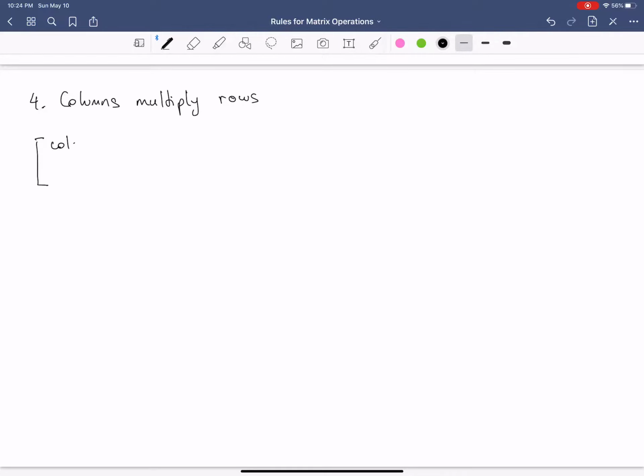picture. So let's say here we have column 1, or I guess I should be consistent. So if I represent the first matrix through its columns, and let's say it has only 3 columns, and I represent the matrix B through its rows, then here what we get is column 1 times row 1, but this is not a dot product.